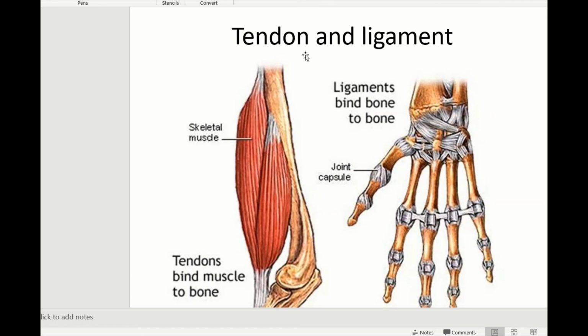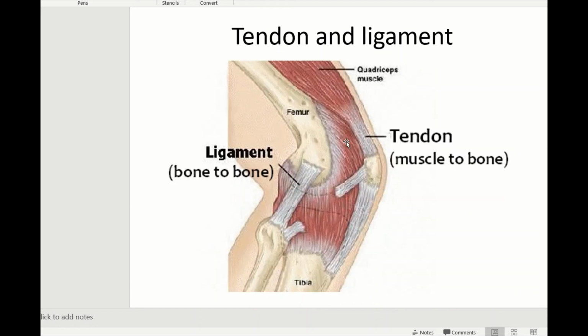Okay. Here is an image so that you remember what is tendon and ligament. Tendon binds muscle to bone, and bone to bone binding is done by the ligament. Tendon, muscle to bone; ligament, bone to bone.